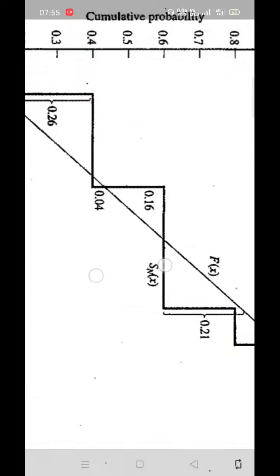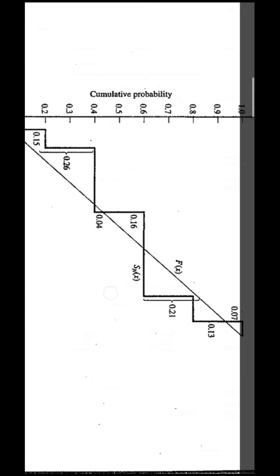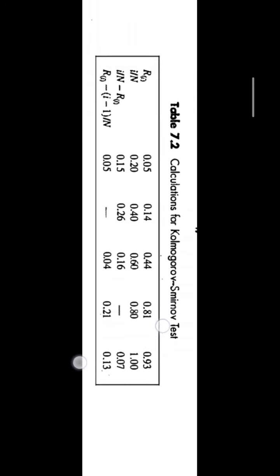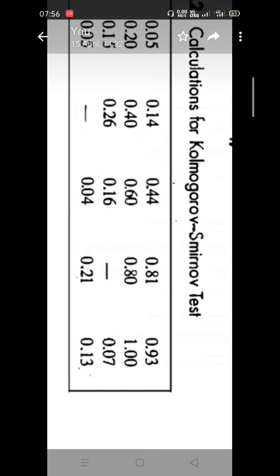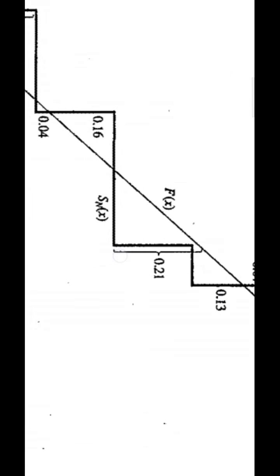That's it. Then go for the next one, the fourth random number. For the fourth random number, for d plus there is nothing, since we got negative values we ignored it. D minus should be 0.21. So 0.21 d minus, this is the fourth random number value. Okay, just plot the point.